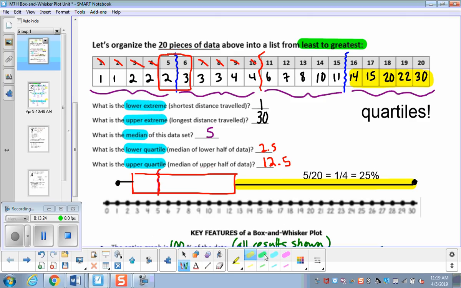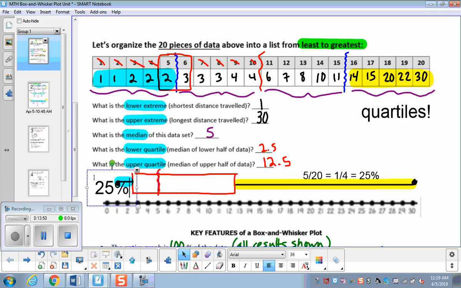Now, also, I want to point out over here in blue that this short little whisker makes people think that there's not a lot of people in that category, and that's not true. All it's saying is that from 2.5 down to 1, which is all of these, we'd have 5 people who said that they've traveled that distance to get to the restaurant. So once again, we have another 5 out of the 20, which is another 25% of the data.